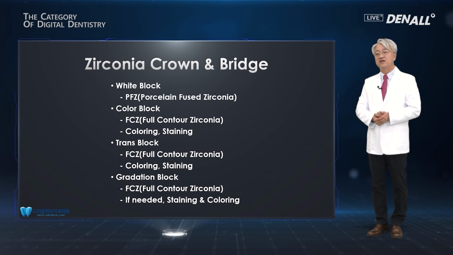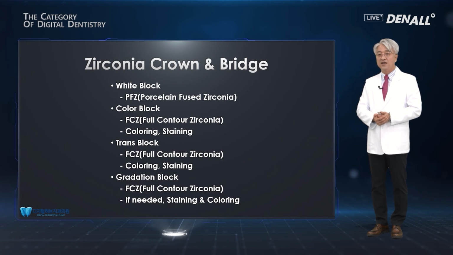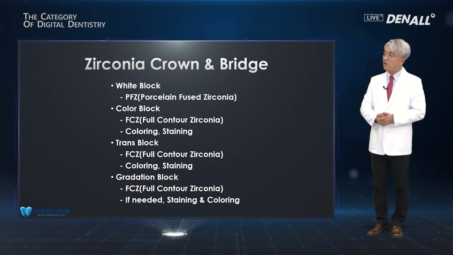It shined through in the gum also, and then porcelain was used as a veneer. So it's still used a lot too, but now better-property zirconias are also developed. So those disadvantages do not exist anymore.